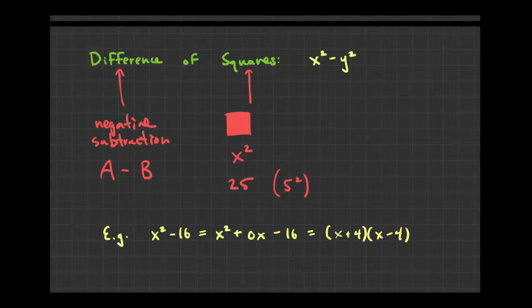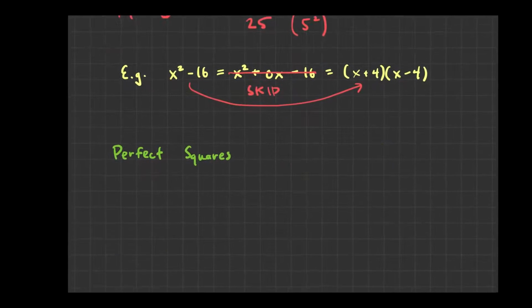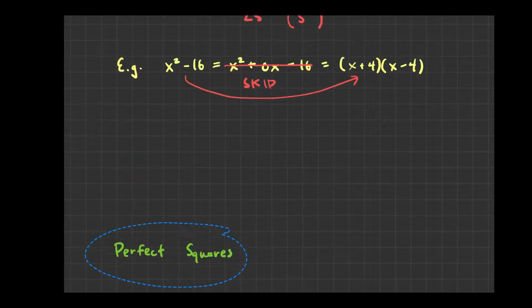What we eventually want is the ability to leave this step out, skip it, and go directly from here to here. I keep needing to move this down a little bit.